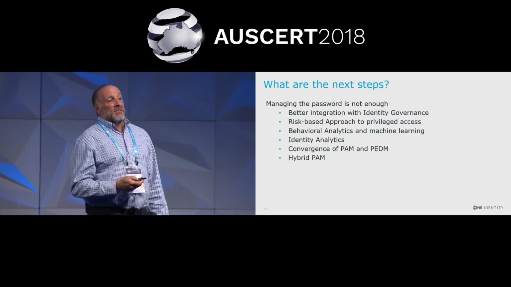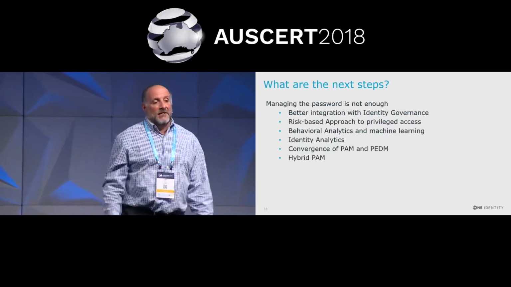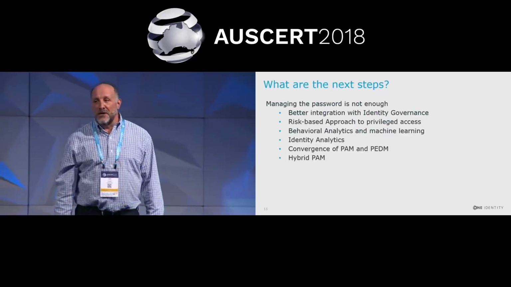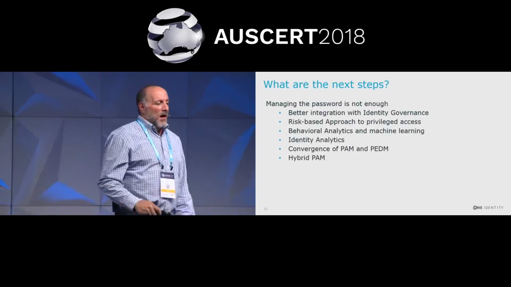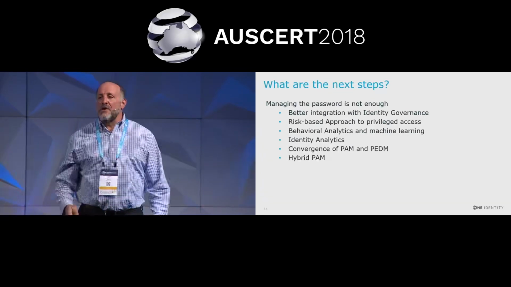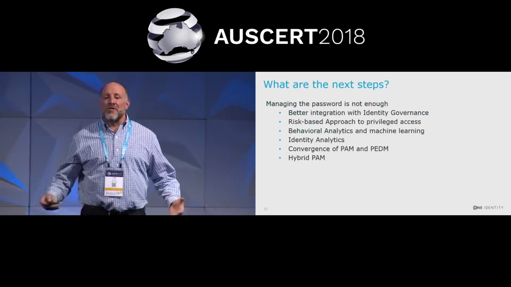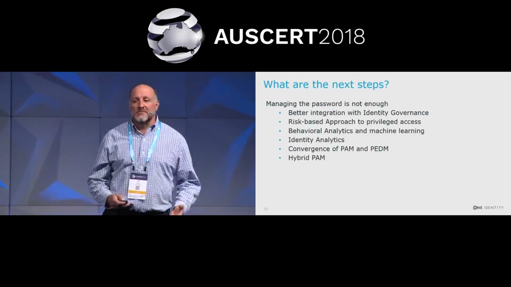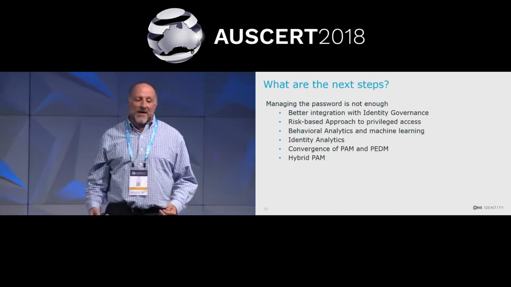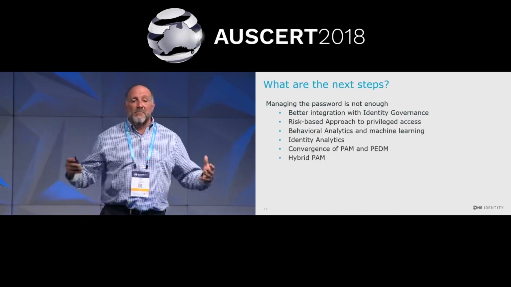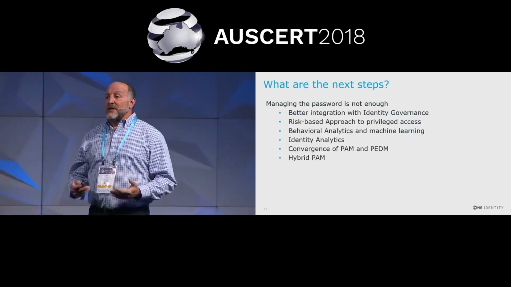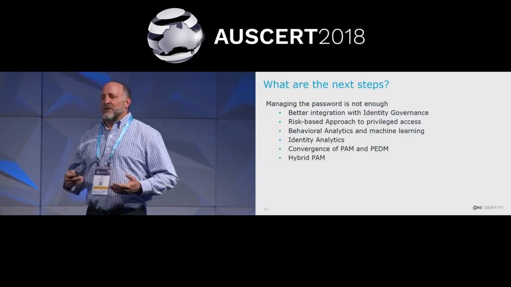What I think is the coolest technology that we're working on right now is behavioral analytics and machine learning, and I'll talk a little bit about that. And identity analytics is also important, knowing who has privilege and being able to pull that information from all of your disparate systems, including potentially thousands of SaaS-based solutions out in the cloud, and map that out in one single place and look for areas of concern.